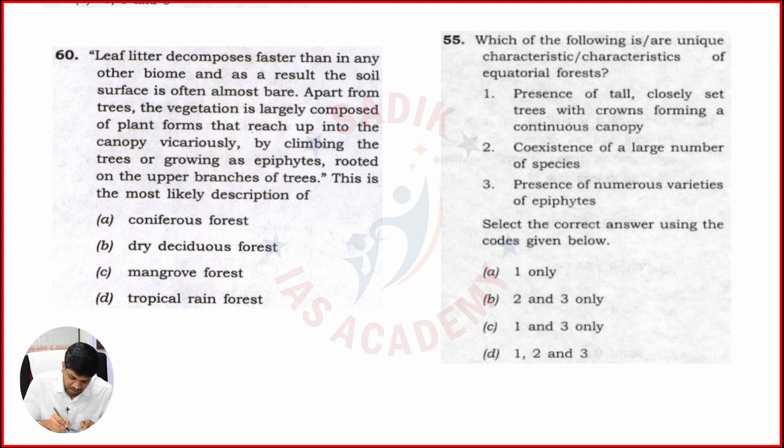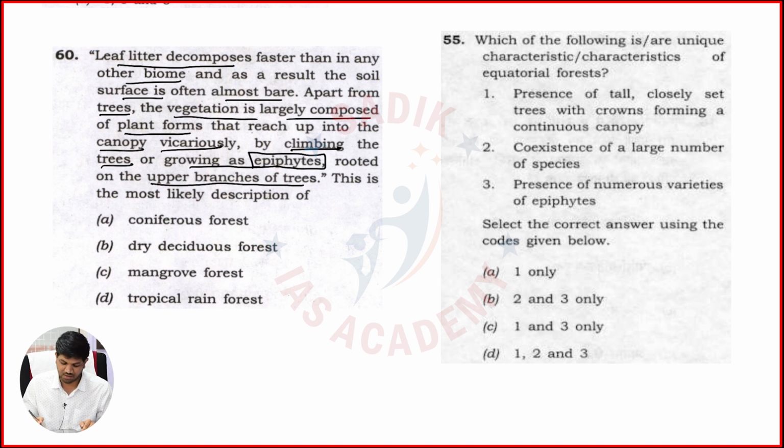See here, leaf litter decomposes faster than in any other biome. As a result, the soil surface is often almost bare. Apart from the trees, the vegetation is largely composed of plant forms that reach up to the canopy by climbing the trees and growing as epiphytes, rooted on the upper branches of the tree. This is the likely description of, it's nothing but tropical rainforest, friends.